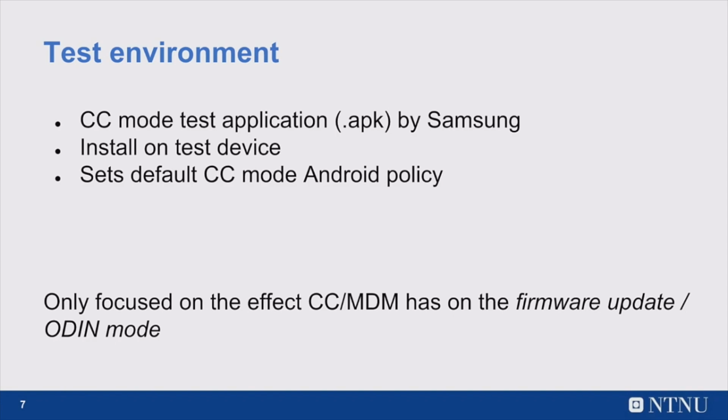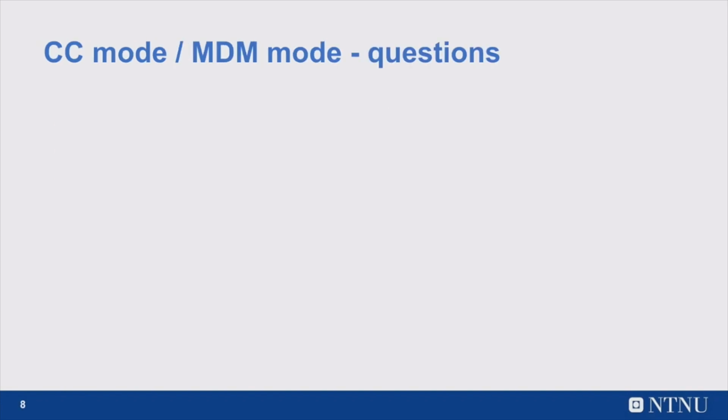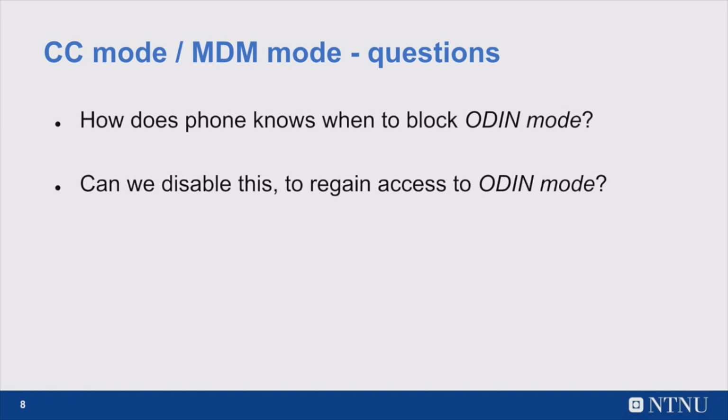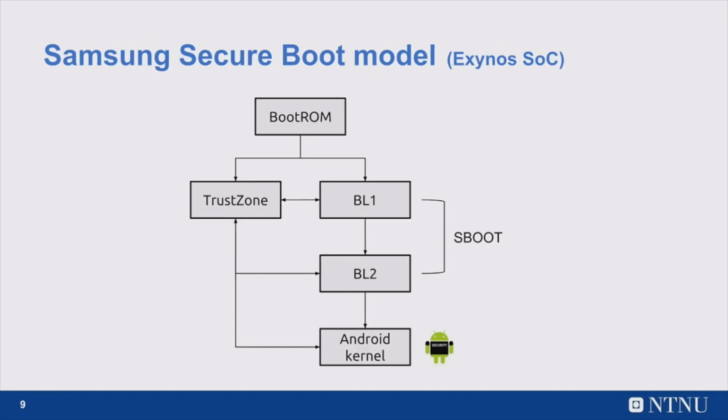And the important fact here is that every stage is signature checked. So they have a signature chain, making sure that the boot ROM loads the bootloader 1 and 2, and the trust zone, and checks its signature. If it's okay, it will execute it. And then the bootloaders will check the Android kernel for the signature and then further boot the phone if it's okay.